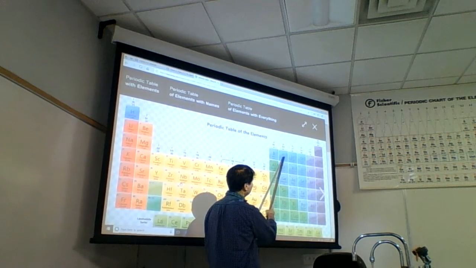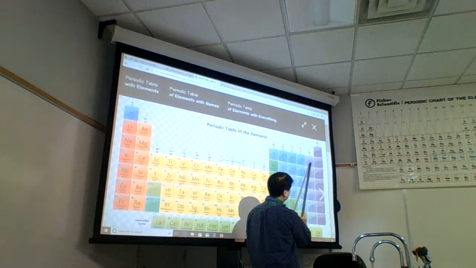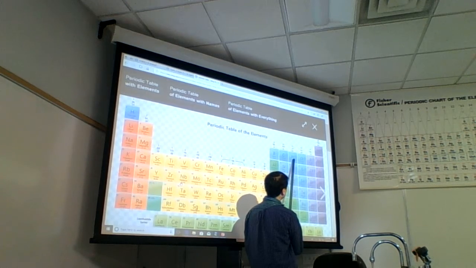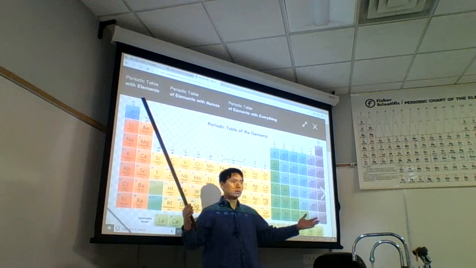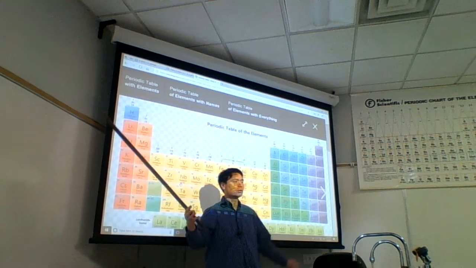So carbon can go up to +4, or it could go the opposite. This is -1, -2, -4. And so carbon's charge varies from +4, in which it would be electron poor, all the way to -4, in which we call it electron rich.